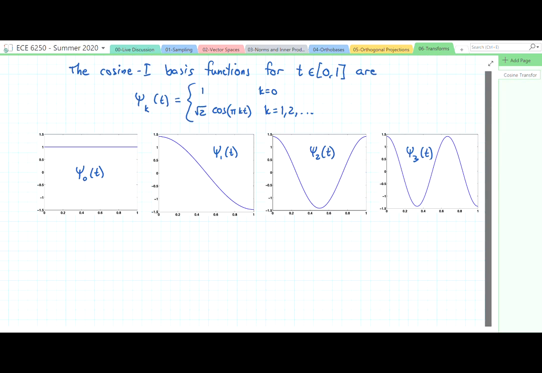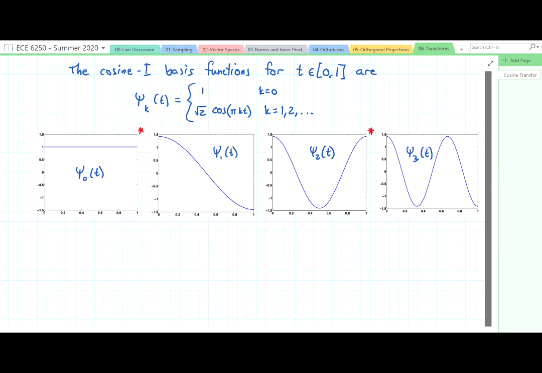The main difference that we're seeing here between this and, say, a Fourier basis is that the Fourier basis would have the DC term, and then it has integer periods of your waveform. So psi 0 and psi 2 would be in a Fourier basis, but psi 1 and psi 3 would not, because the first one's half a period and the next one is 1.5 periods.